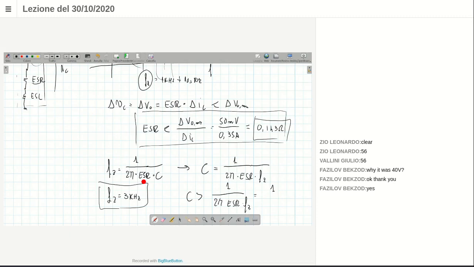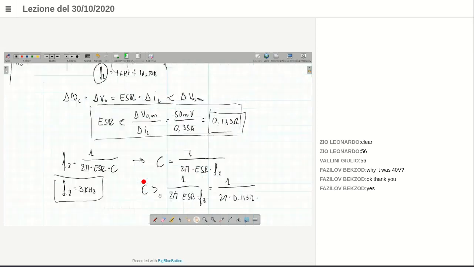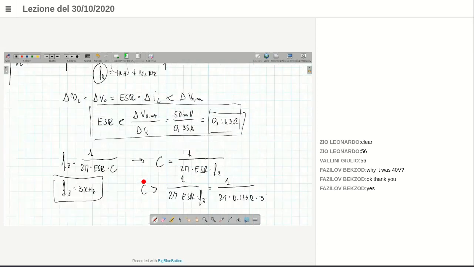If we replace the numerical values, we get 1/2 pi times 0.143 ohm times 3 kilohertz. If we solve, this is 371 microfarad.